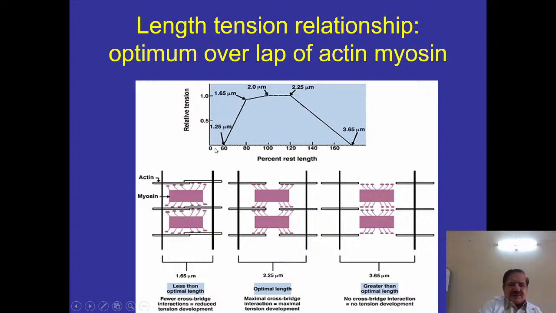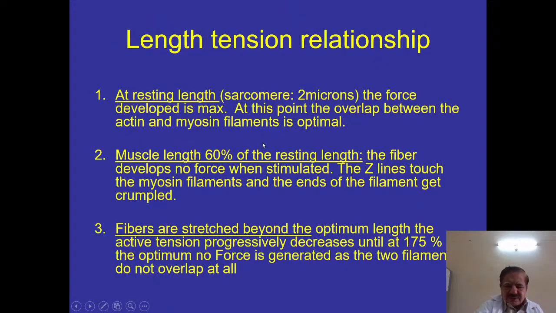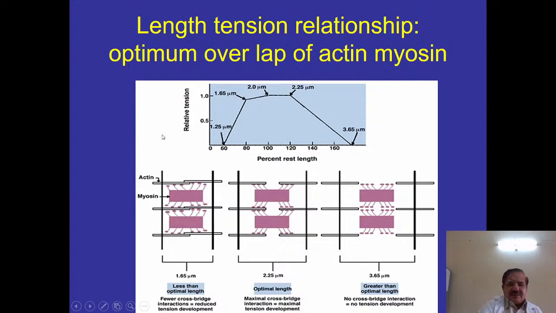See, when the actin filaments are not overlapping the myosin filament, that is, when the initial length is completely increased from here to here, the force of contraction is low.